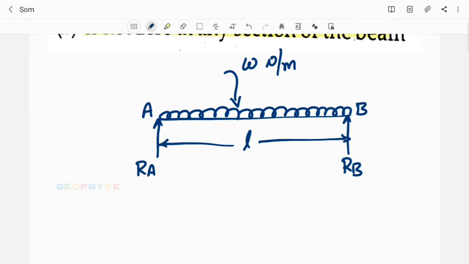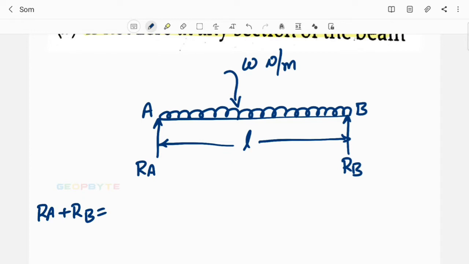Now RA plus RB equal to the sum of the point loads. But here it is UDL, so first we try to get the point load from the UDL. How do we get the point load from the UDL?